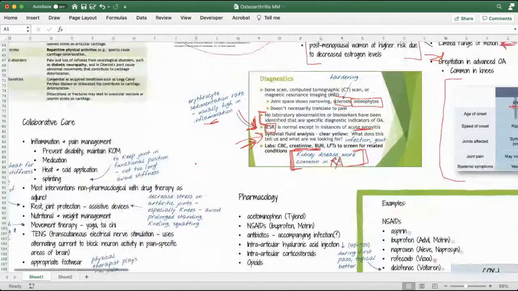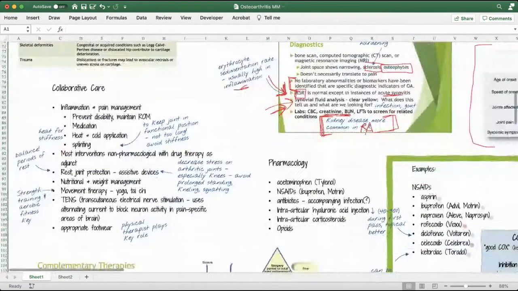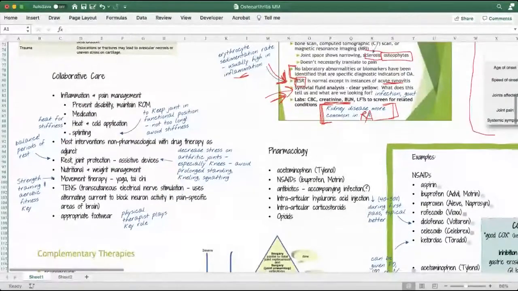And so what do we do for osteoarthritis? A lot of this is just about inflammation and pain management, preventing further degradation, so we want to maintain that range of motion as much as we can. A lot of times we do that by using heat.